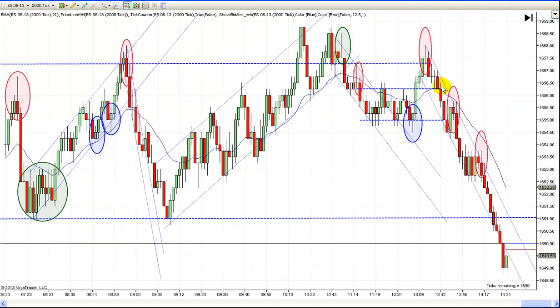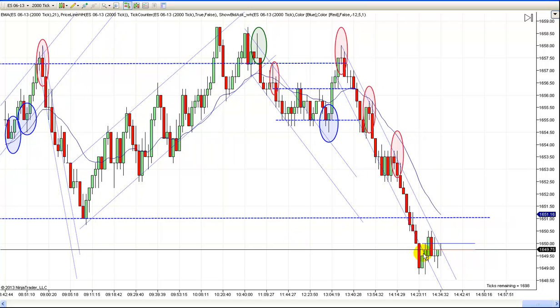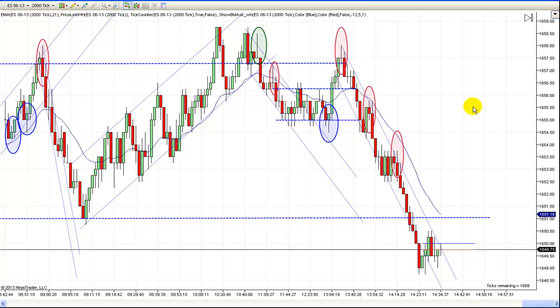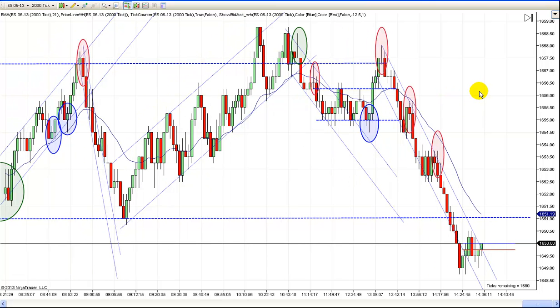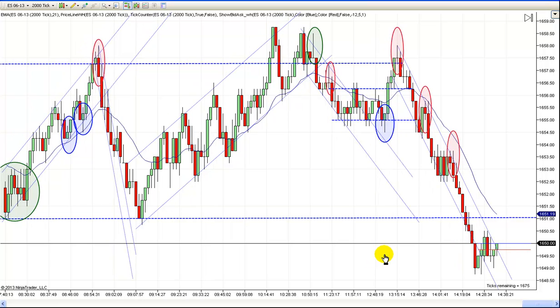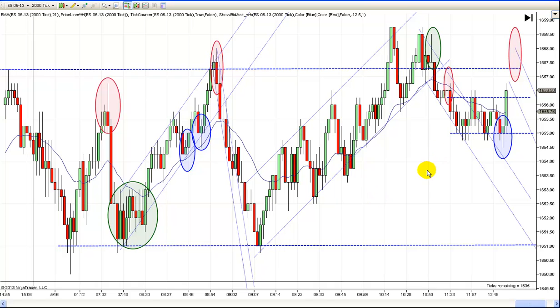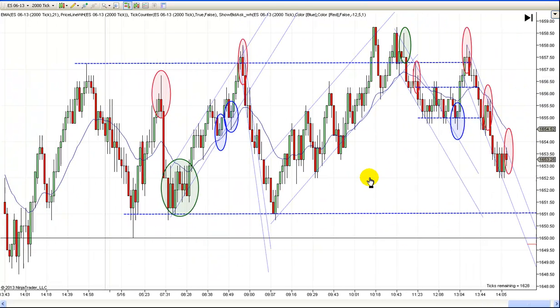It fails, then it tries it again, it fails. Now it's broken out the bottom, looks like it's going to fail. You just don't enter breakouts at the extremes. You're usually going to do better off fading them, especially when it's a known range day like this. So hopefully that makes sense to you.